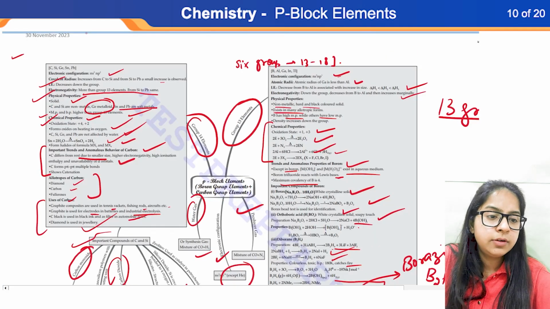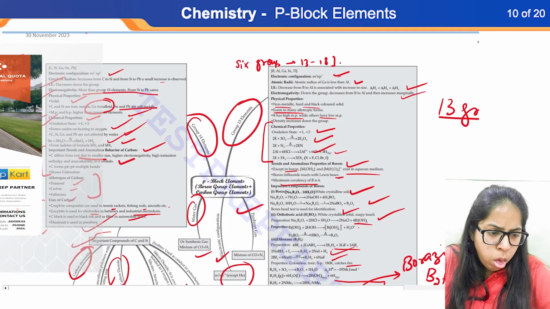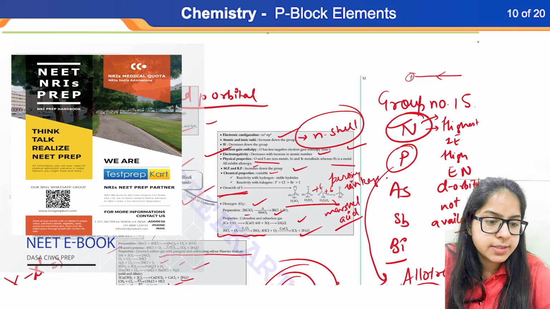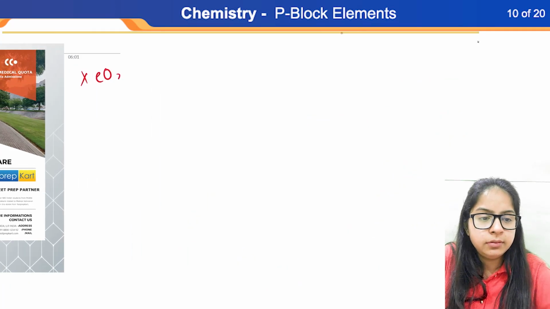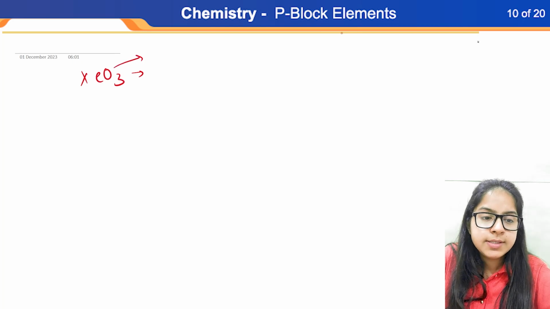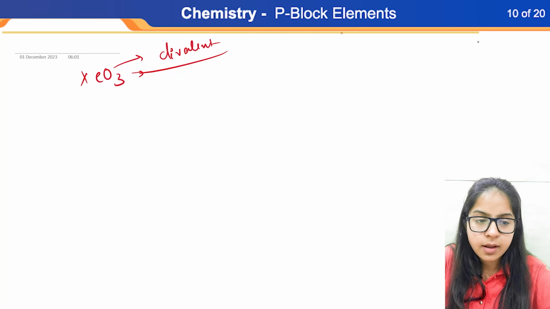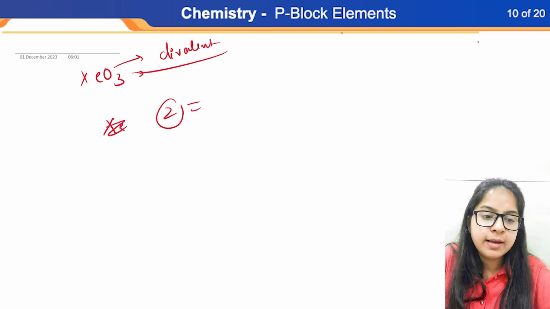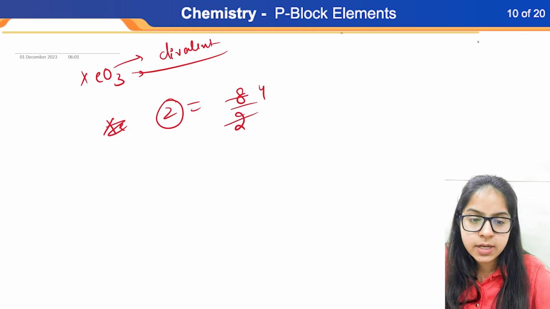Now I'm going to calculate for the oxygen compounds, the xenon oxyfluorides. XeO3. Now oxygen is a divalent atom and I'm not going to consider it in the hybridization. So you need to calculate Z: 8 divided by 2, there is no positive or negative charge, so 4.